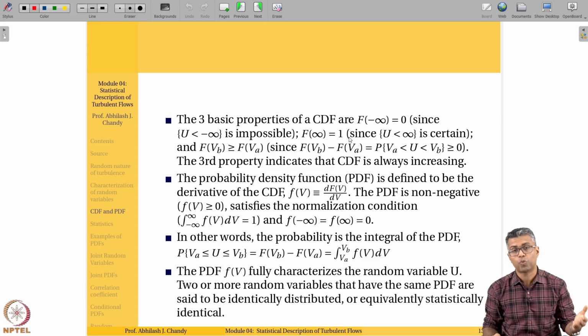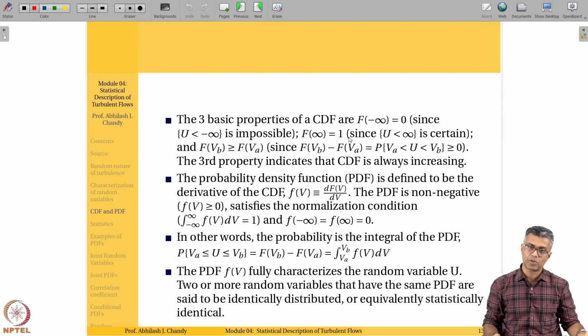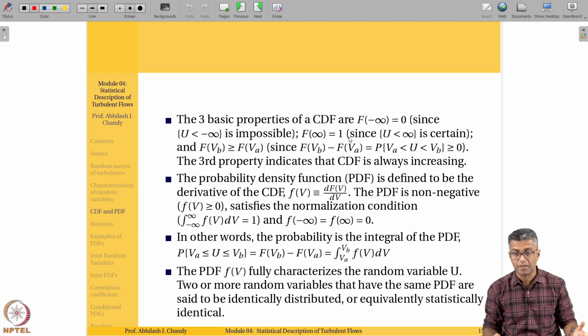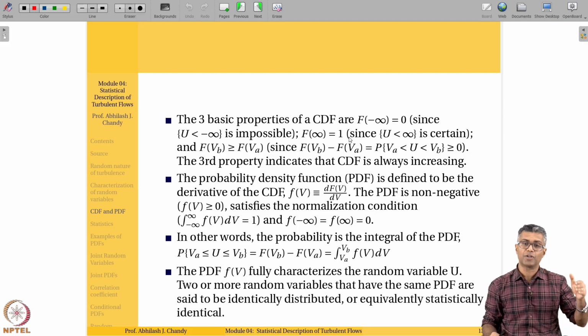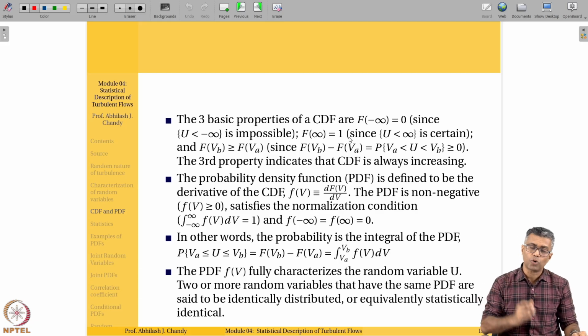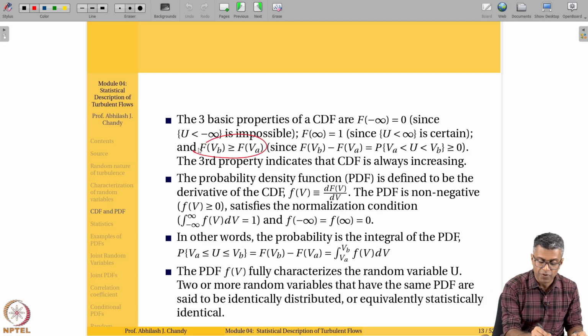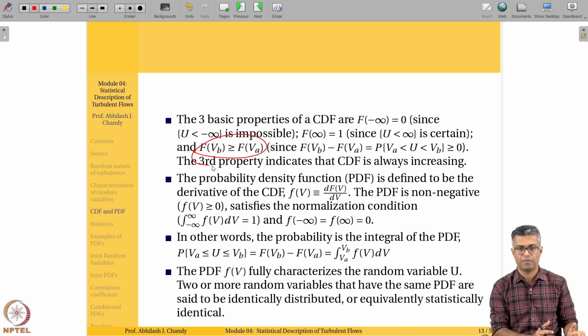F of infinity is 1 because all values are always going to be less than infinity. So the probability of u less than infinity is a certainty. So now, if you consider that it goes from 0 to 1, it has to be an increasing function, and F of VB is always going to be greater than F of VA, since VB is greater than VA.